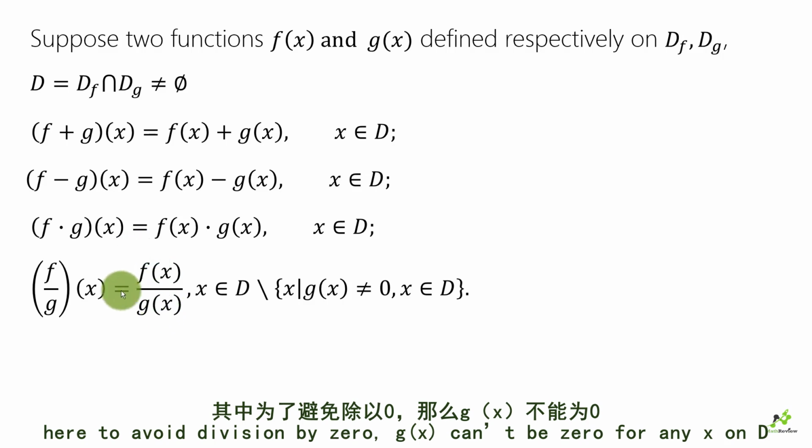Here, to avoid division by 0, g of x can't be 0 for any x on D.